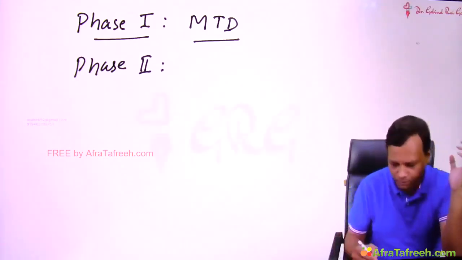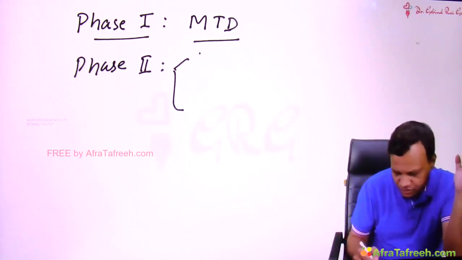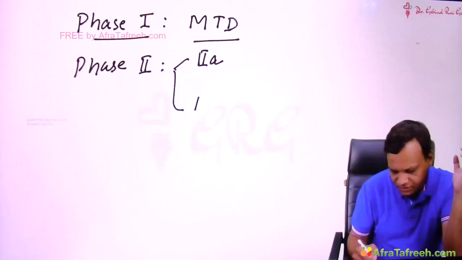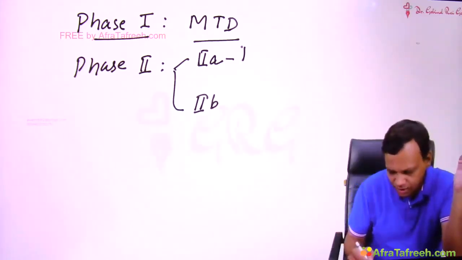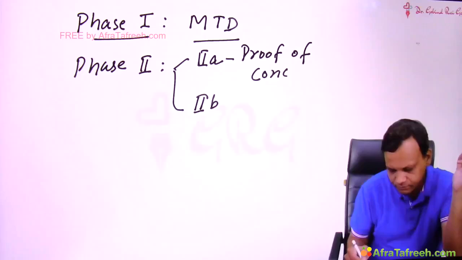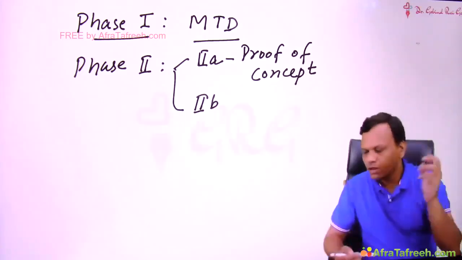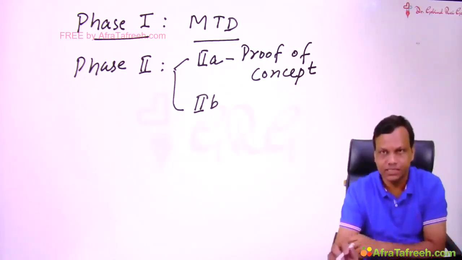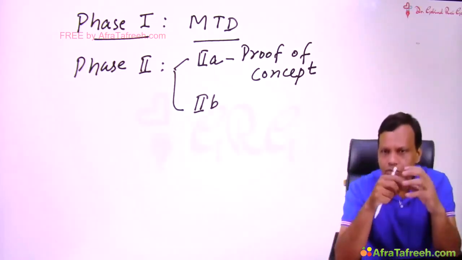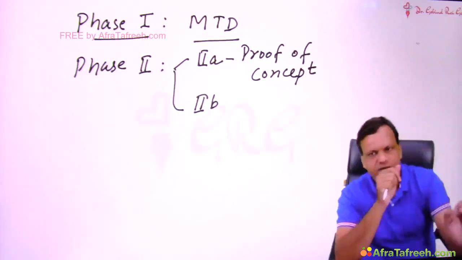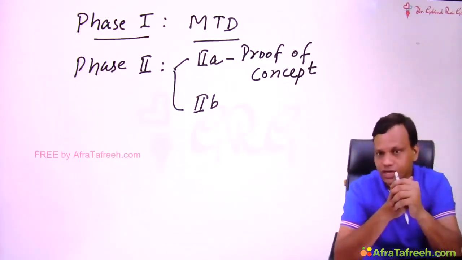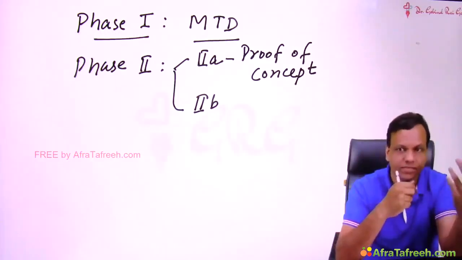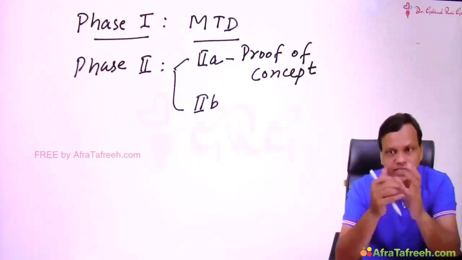Now, a special thing to remember: phase 2 studies may be phase 2A, they may be phase 2B. Phase 2A studies are known as proof of concept studies. Proof of concept study means we want to first of all know whether the drug will work or will not work. Whatever concept we have come up with, we are proving that concept.